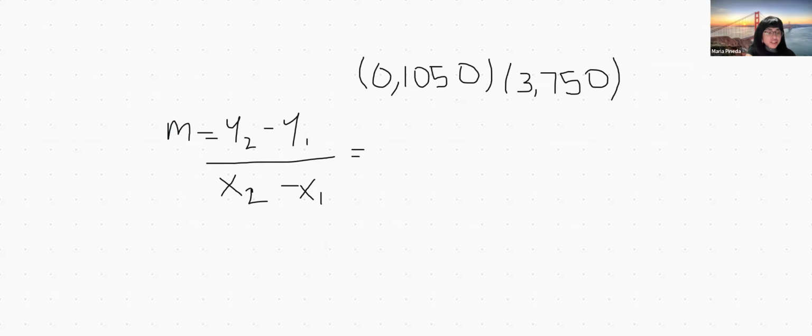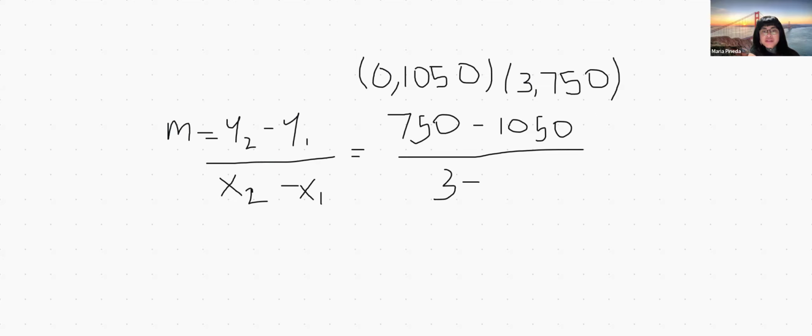So the first equation would look like this: 750 minus 1050 over 3 minus 0.